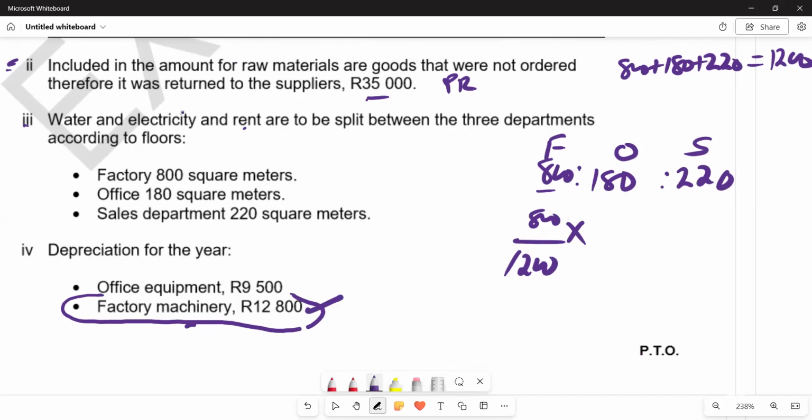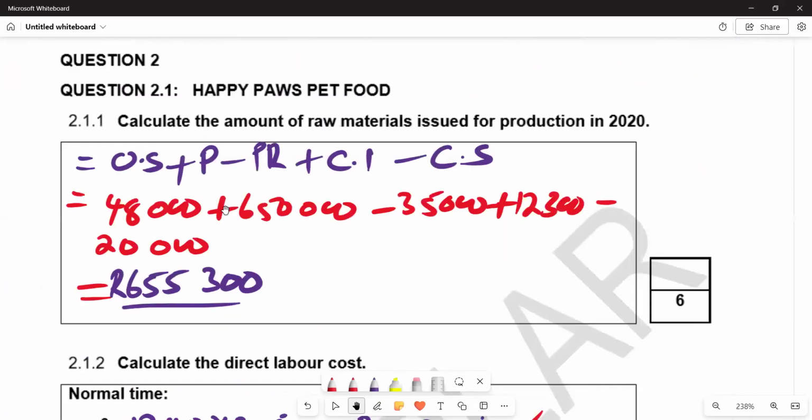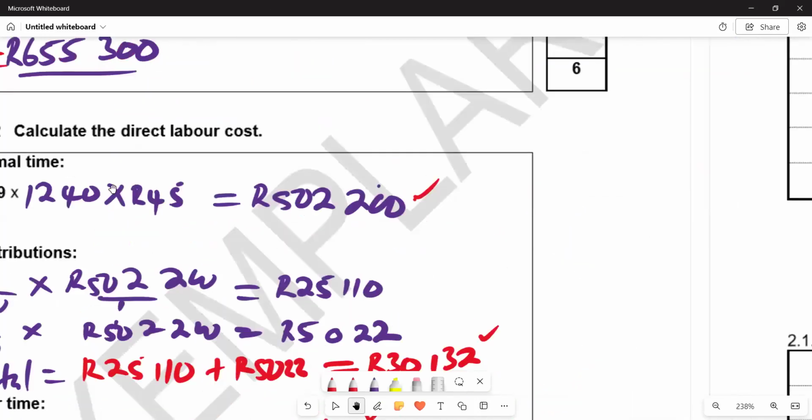So we've got 12,800 there for depreciation. And then the factory foreman is 135,850. So you can just go and put the last expenses that we have, expenses in the form of manufacturing overheads that are still remaining. So we go there.